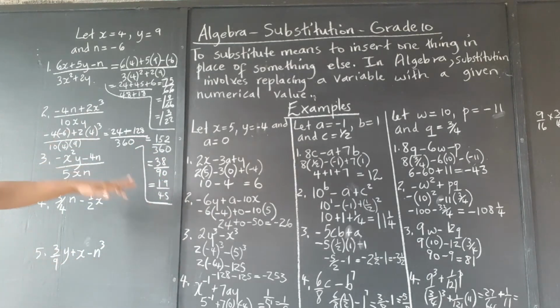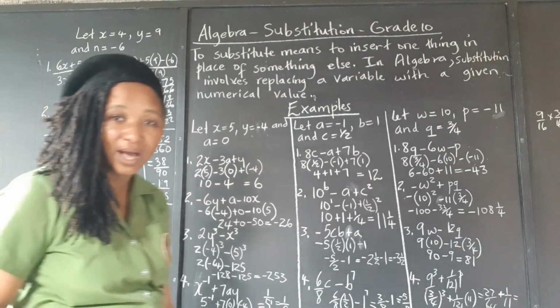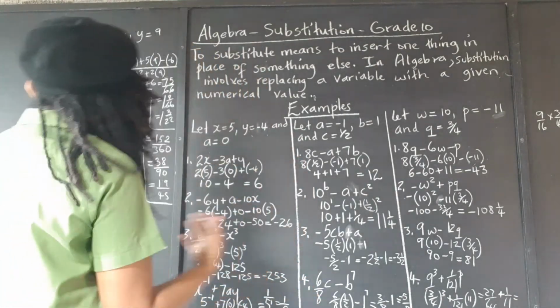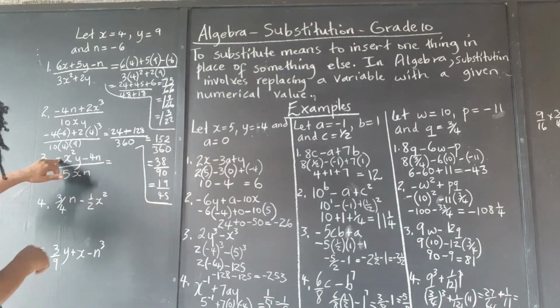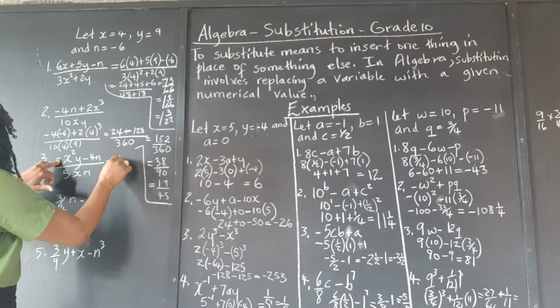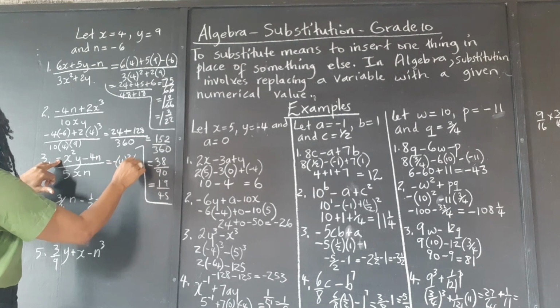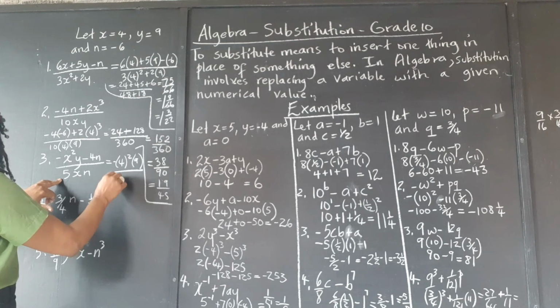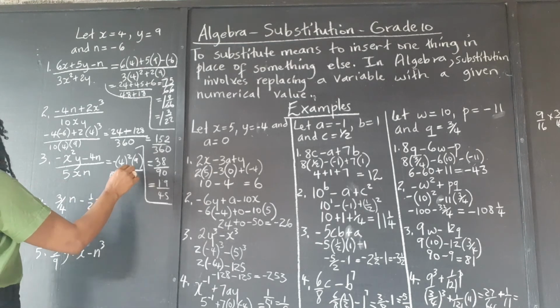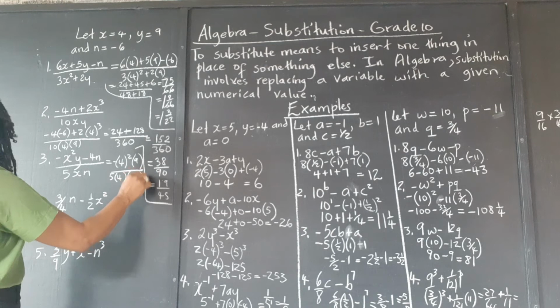Alright, 19 over 45. Let's see how much time I have left. I think I have 2 minutes left. Alright, so let's work as far as we can go. So negative x squared, negative 4 squared times 9 over 5 times 4 times negative 6.